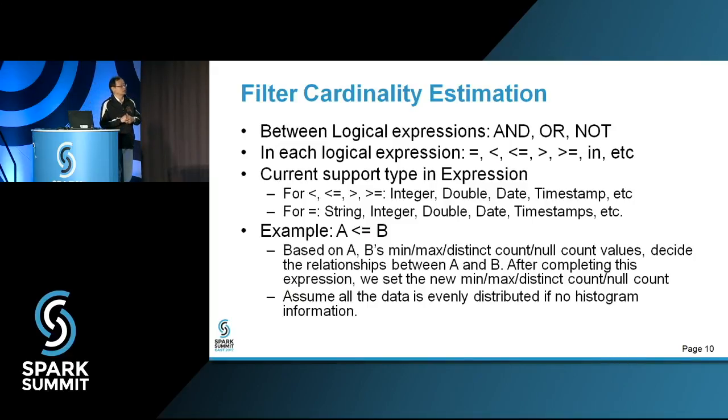Then for the condition A less than or equal to B, where A is an integer column, from the metastore we know column A's minimum value, maximum value, the number of distinct values, etc. So when we evaluate this condition relative to B, after we evaluate that, we need to adjust its statistic information. What do I mean?